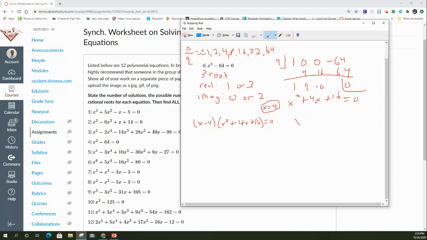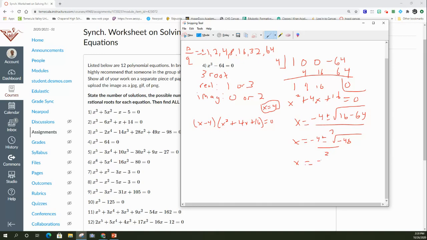But the quadratic formula for this one: x equals -4 plus or minus the square root of 16 minus 64, over 2. So -4 plus or minus the square root of -48, over 2. Simplify that. I'm going to get imaginary now.